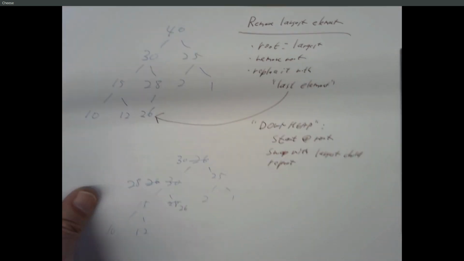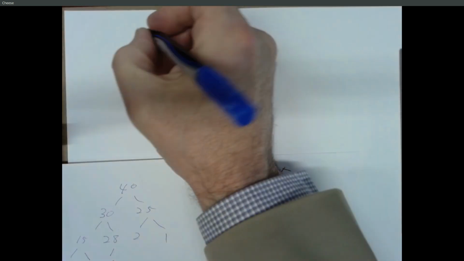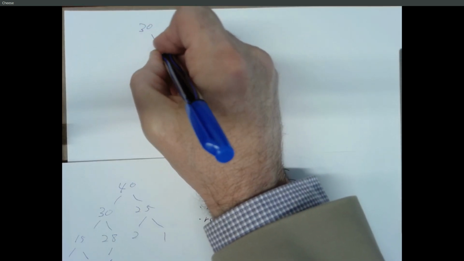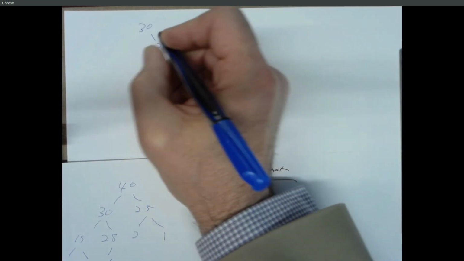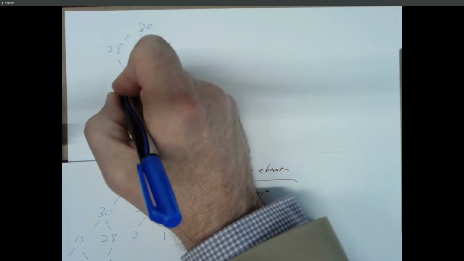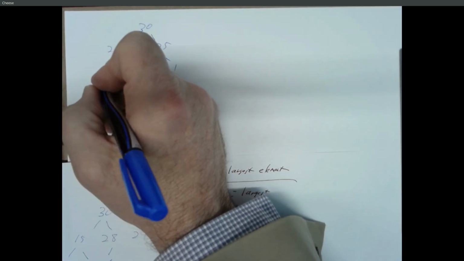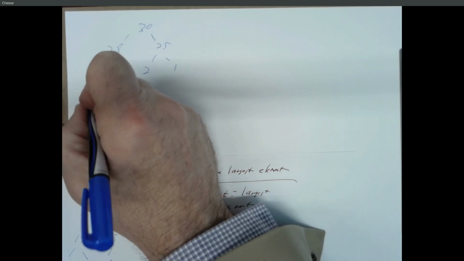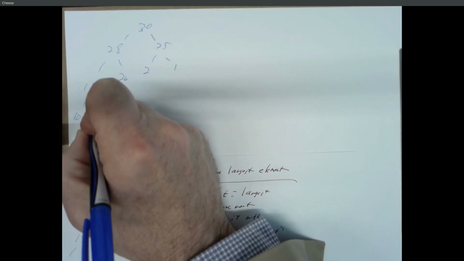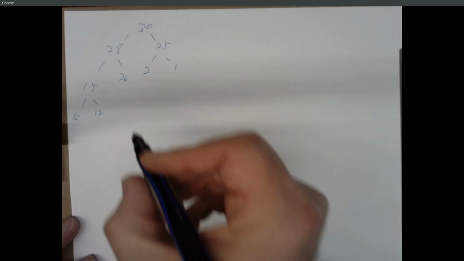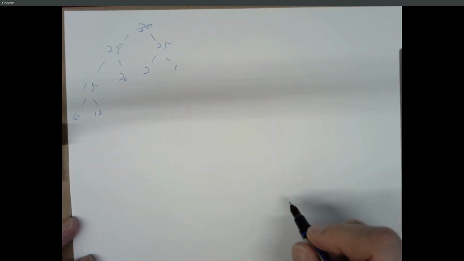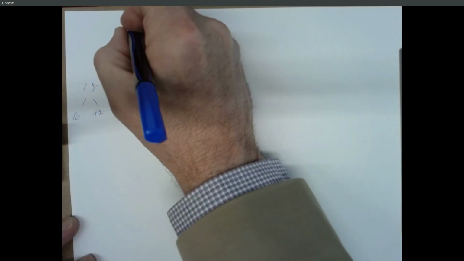So let me copy this. Alright, so if we want to remove the next largest value, we're going to take off the 30. We're going to take the last element and put that up at the root.